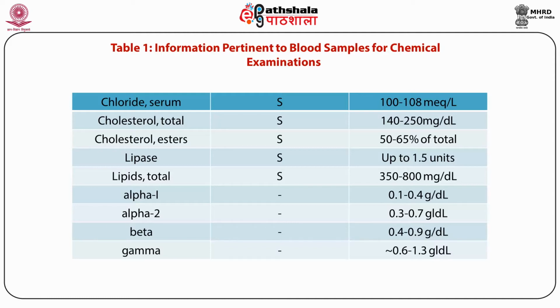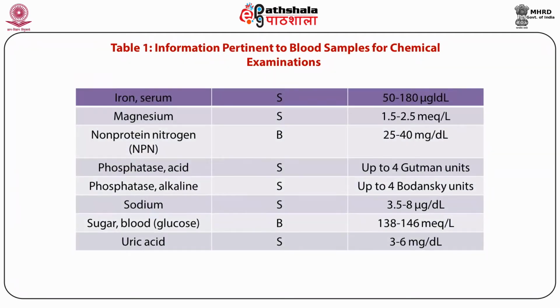Then iron, manganese, non-protein nitrogen, phosphate, phosphatase, sodium, blood sugar, and uric acid are also determined in serum as well as, for some of them, in blood, with their respective normal concentration ranges.